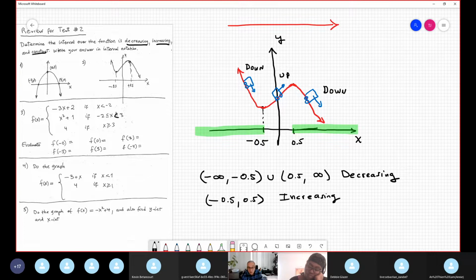Okay, and you highlight in blue. Why not? And this interval is completely open. The endpoints are not included because these points are transition points. By the way, this is a local max, and this is a local minimum. All right, and don't include them in the interval for increasing.